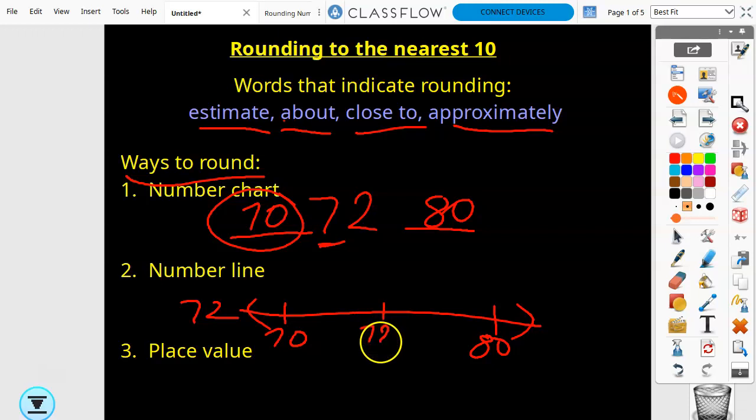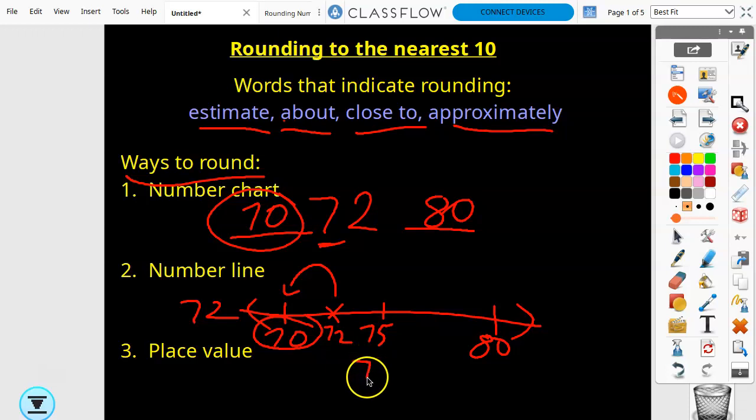So 75 is our midpoint. 72 is before 75, so it should be somewhere here. And because it is before 75, you can see that the distance from 72 is closer to 70 than it is to 80. So if you round it to the nearest 10, the answer is 70.